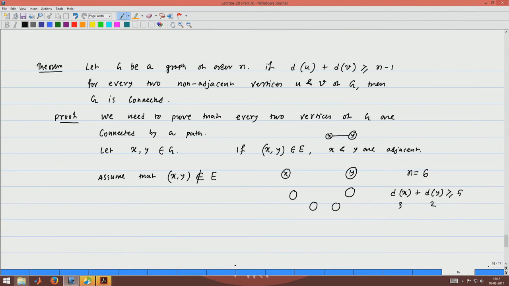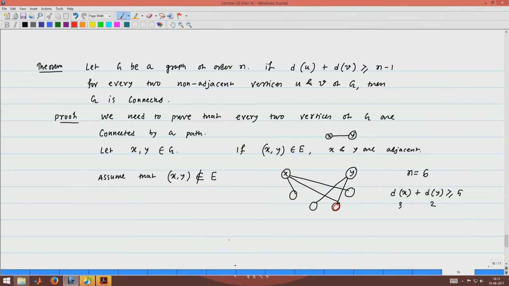See, x and y are not adjacent, then x has degree 3, suppose x is adjacent to this one and this one, fine. So, the degree of x is 3. Now, the degree of y is 2. So, y can't be adjacent to x because x and y is not an edge. So, y can be adjacent to this, and to another vertex, suppose this one.